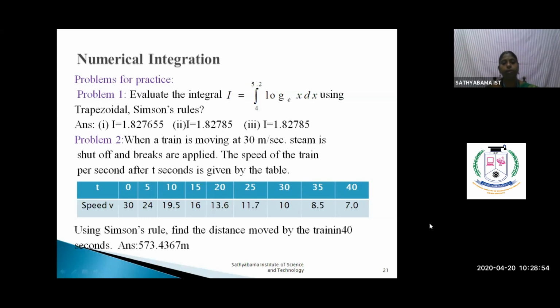So we can use s is equal to integral v dt. And what is my lower and upper limit? Lower limit is 0 and upper limit is 40. So you take integral 0 to 40 v dt and find out that distance, that is 573.4367 meter. This is the distance.